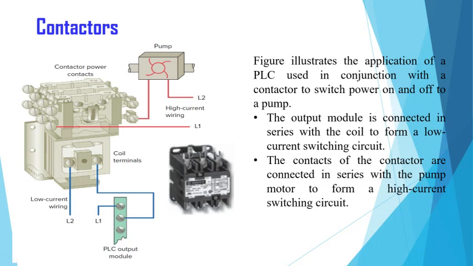The contacts of the contactor are connected in series with the pump motor to form a high current switching circuit. See here, this is the high current wiring circuit. So in this way, the contactors are used to drive the high current wiring from the low current wiring.